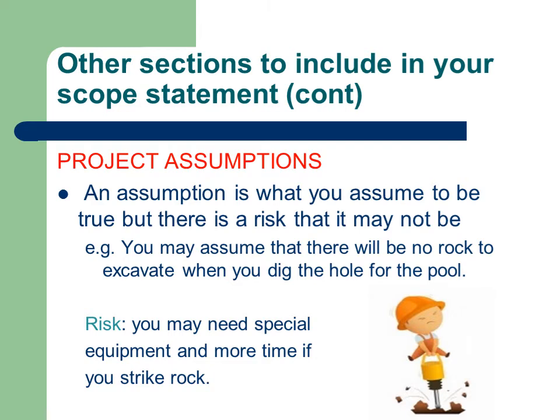You may plan on the assumption that there will be no rock, but this must be documented. All assumptions require risk strategies to be associated with them. If rock is found, special equipment and additional time may be needed, adding to the cost of the project. Again, this may need to be built into the contract as an extra.